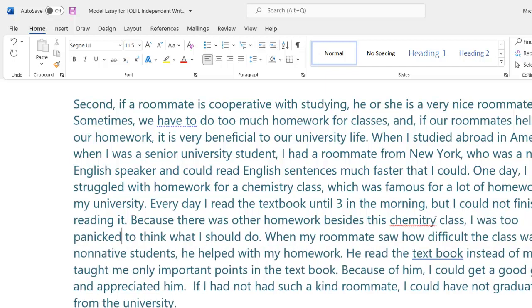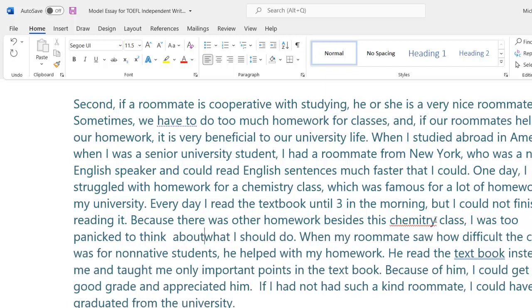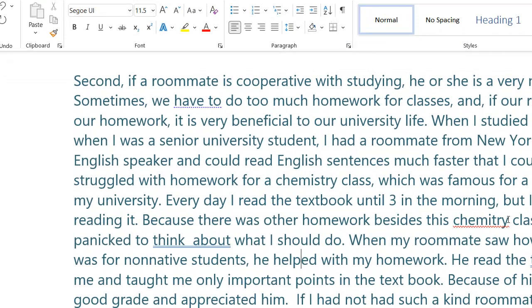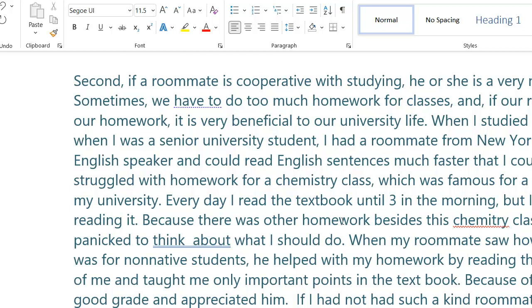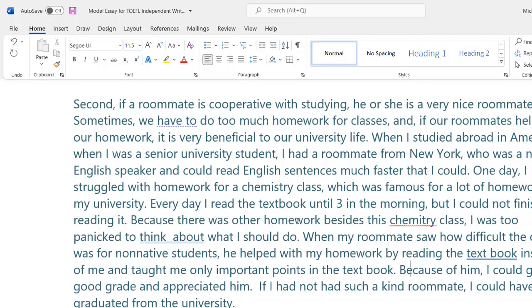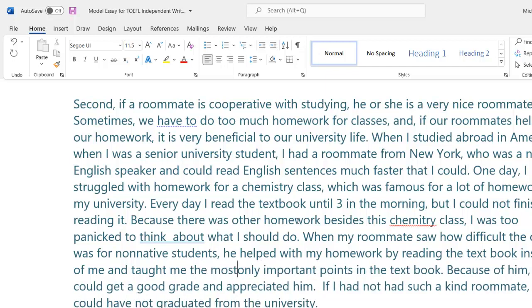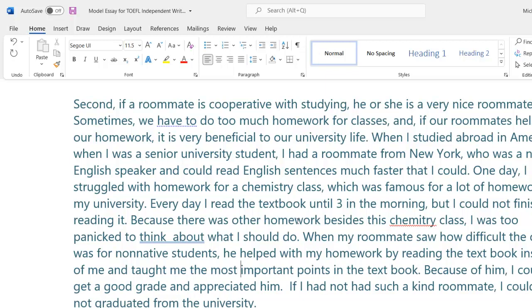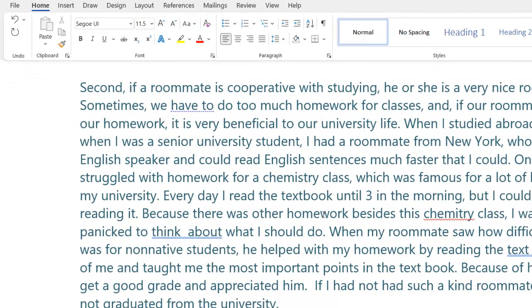I was too panicked to think about what I should do. When my roommate saw how difficult the class was for non-native students, he helped me with my homework. I'm going to change this to by, and that way you can use a little bit more syntactic variety: by reading the textbook instead of me, and taught me the most important points. Because of him, I could get a grade.